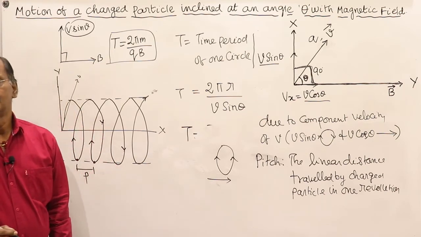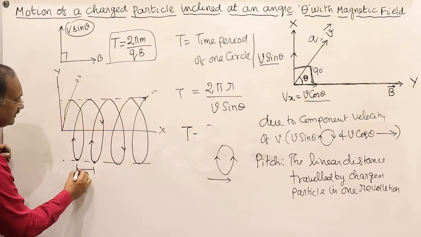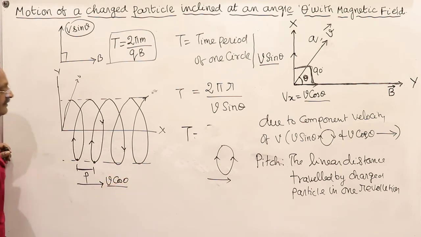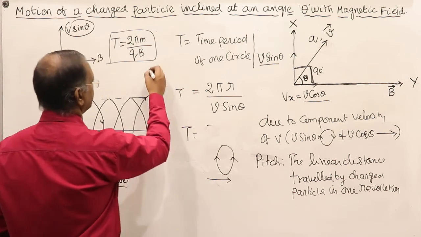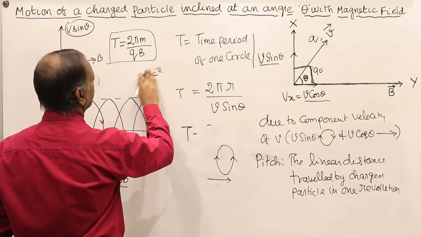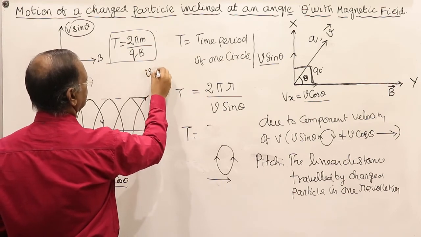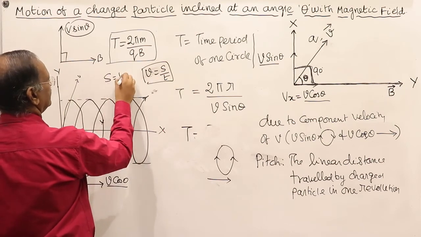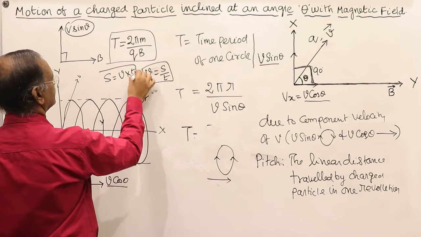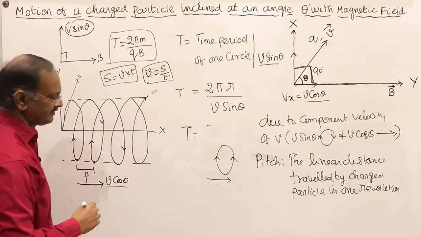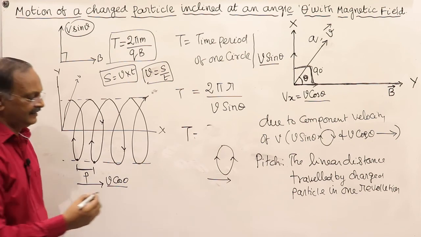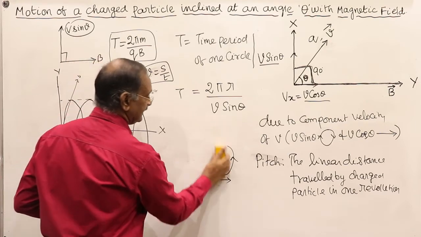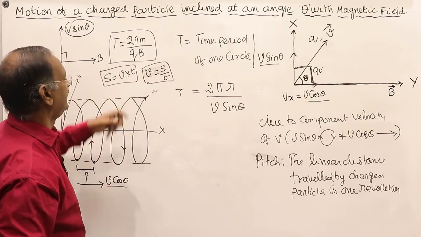So pitch is equal to what? This direction is v cos theta, velocity is in this. See, linear distance is what? Velocity is equal to displacement by time, this we know. And what is displacement? Displacement is equal to velocity into time. So we can say pitch is equal to linear distance, which means velocity into time.